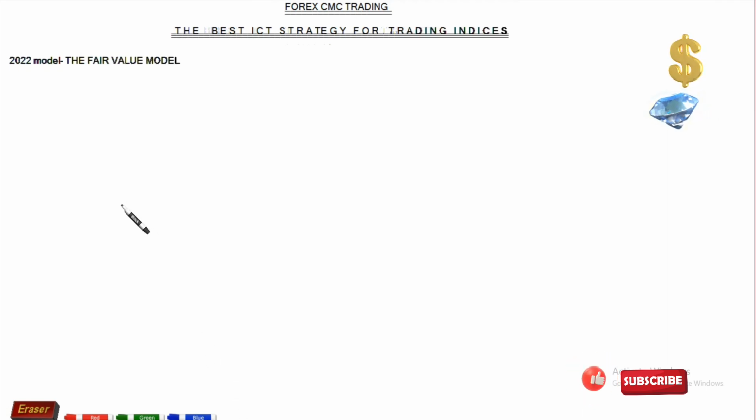His 2022 model, that is the fair value gap model, has a couple of things that he made mention of. Which is the buy side liquidity, then he made mention of the sell side liquidity.